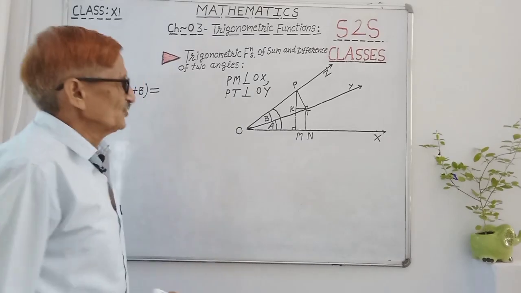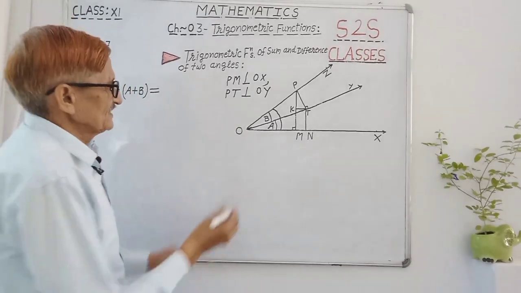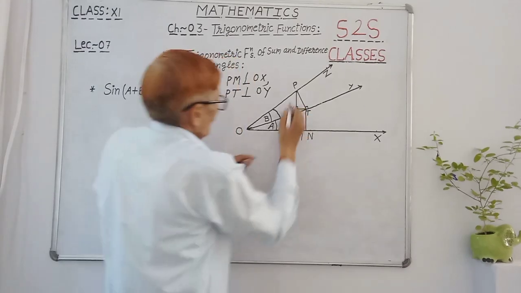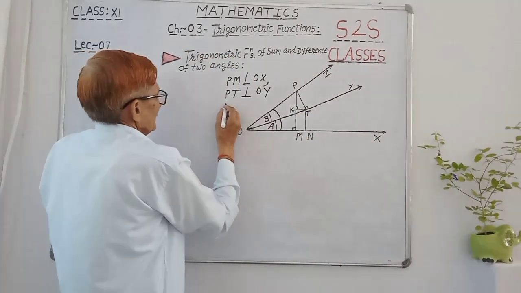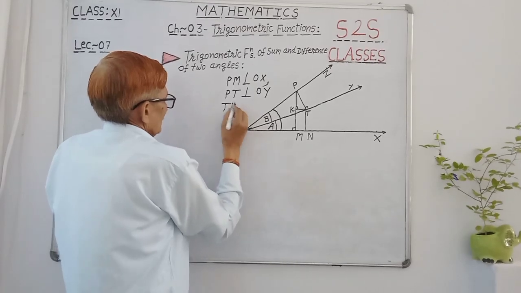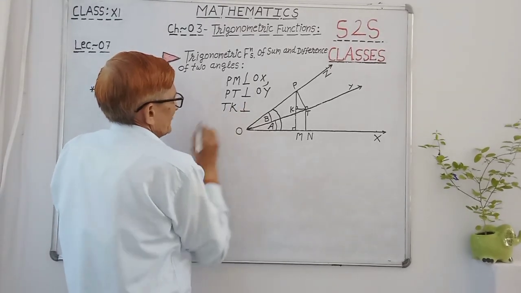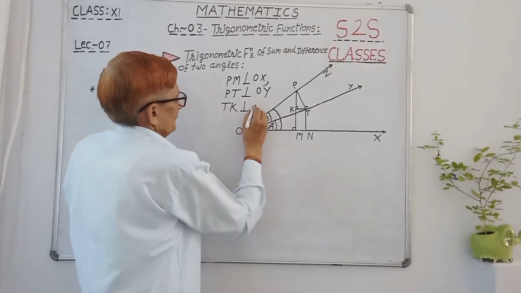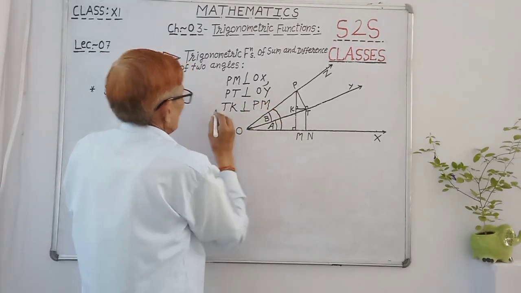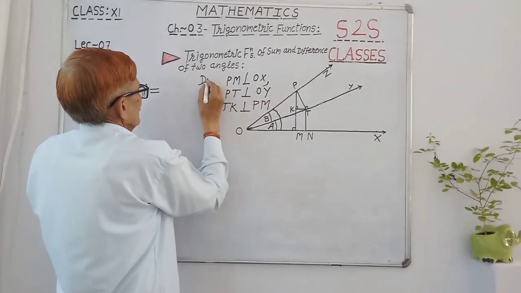These two perpendiculars are drawn. After that, a third perpendicular from T on PM, TK, is also drawn perpendicular on PM. This is the construction.